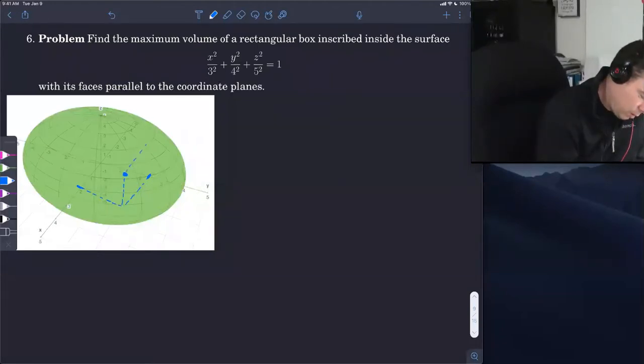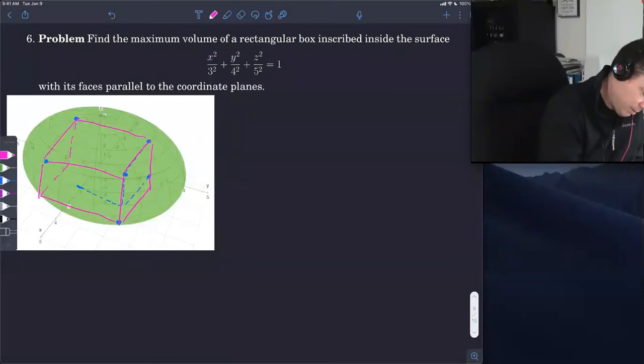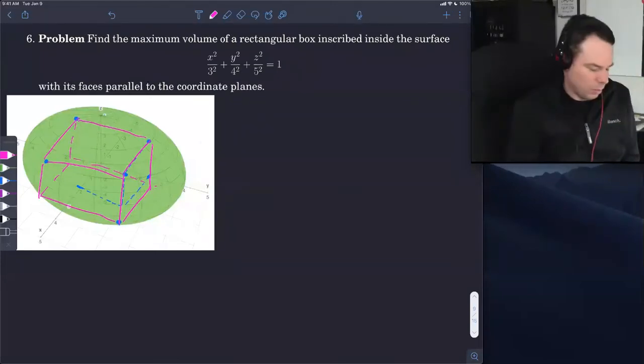We're going to go out here, we're going to get another point over there, another point over here, and then there's going to be also a point down here, and then we'll connect them all up. It'll be these things all connected together, and so on around the corresponding box like that. I don't know why I drew that last line in there, but something like this. So there's going to be our rectangular box.